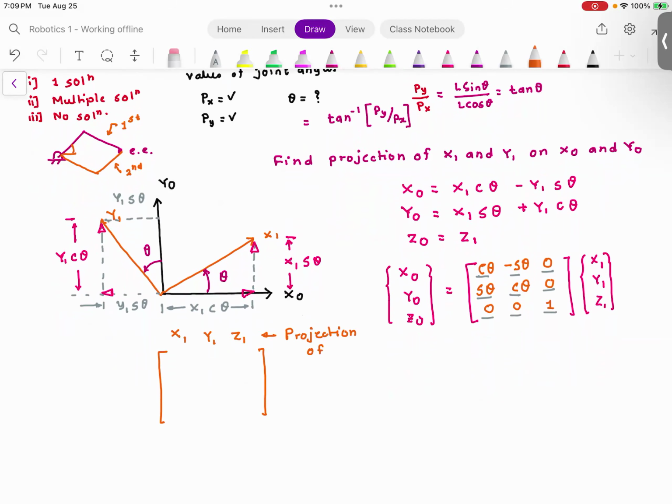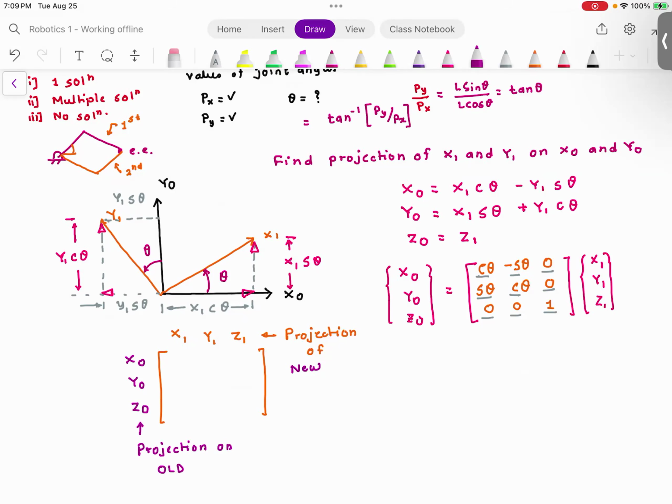And this is also the new frame. This is the new frame. New. And projection on x0, y0, z0. This is projection on. And this is old.